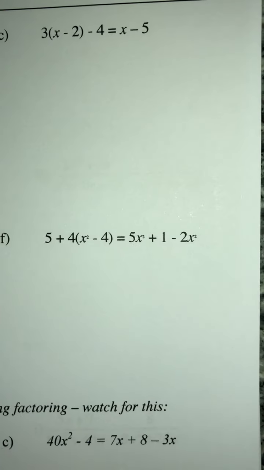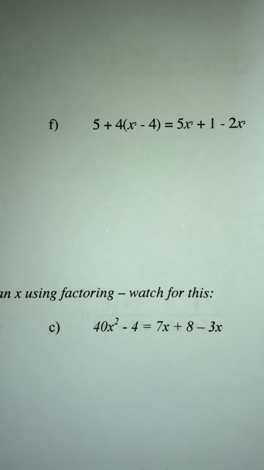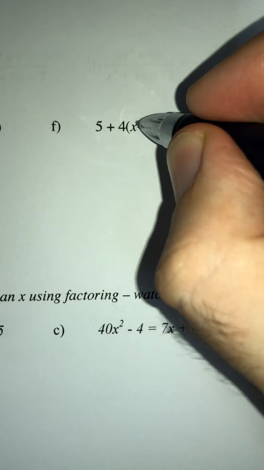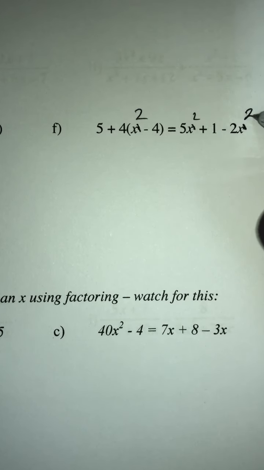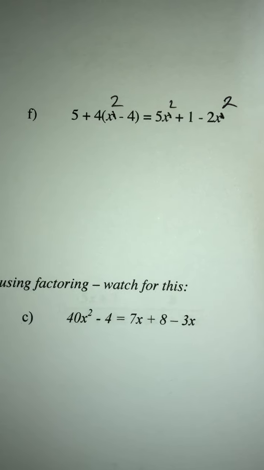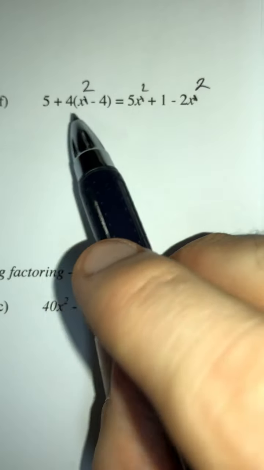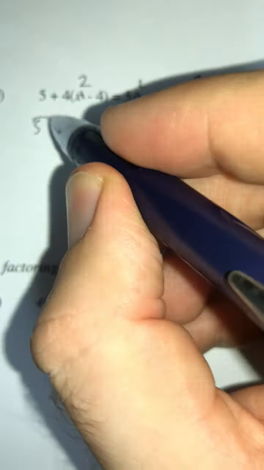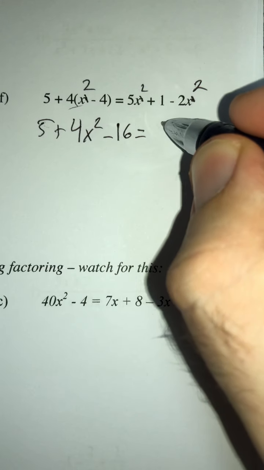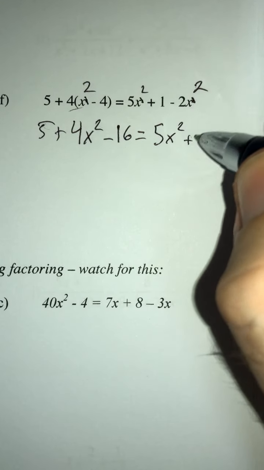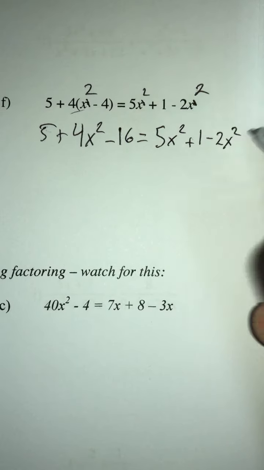But I do want to show you one like f here. It's hard to see on the notes, but all of these are squared. So let's try and solve this one. First, get rid of the brackets. So 5 plus 4 times this, so 4x squared minus 16 equals 5x squared plus 1 minus 2x squared.